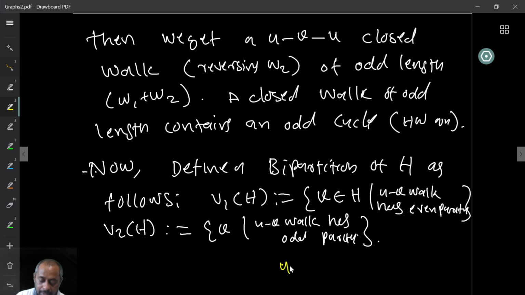Let's say you have this u, then you have v1 and v2. What I want to say is that this is small v1 and small v2. Maybe I should draw it in a different way. Let me draw it in a different way.